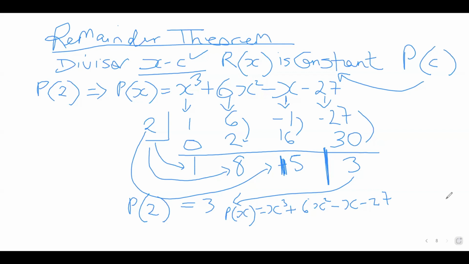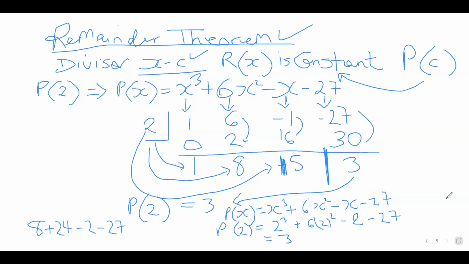If we substitute 2 for each of these items, we're going to get 2 cubed plus 6 times 2 squared minus 2 minus 27. And the answer must be 3. So for all questions that relate to this principle, the remainder theorem, you are able to check it back to see if you get your answer.